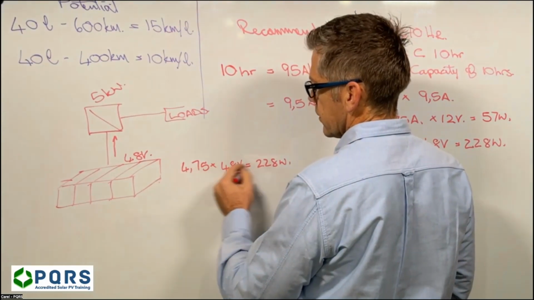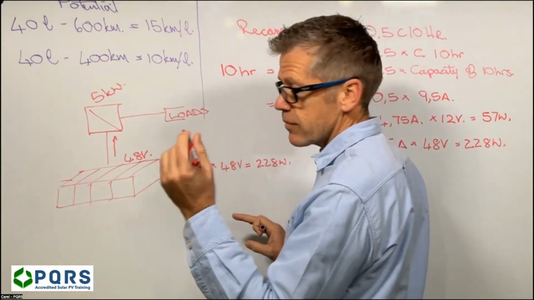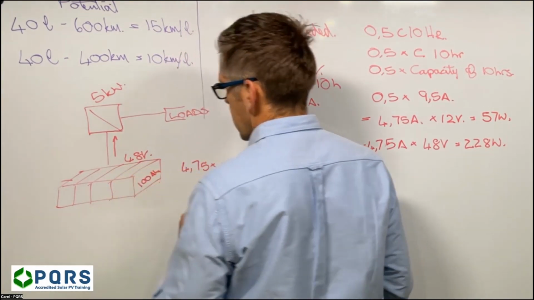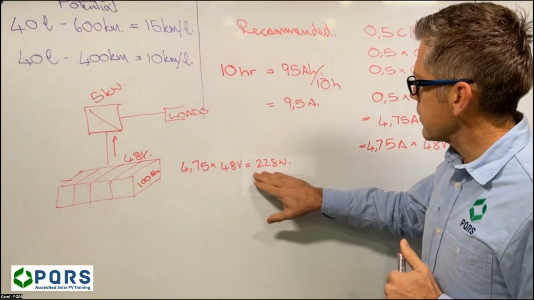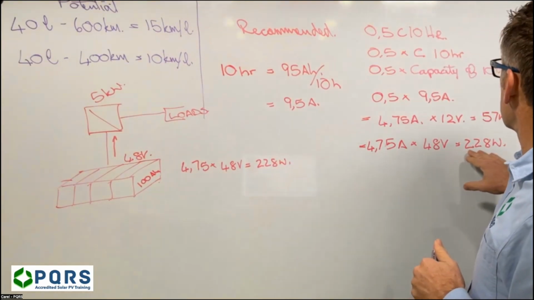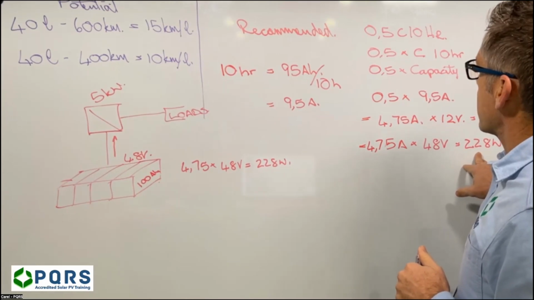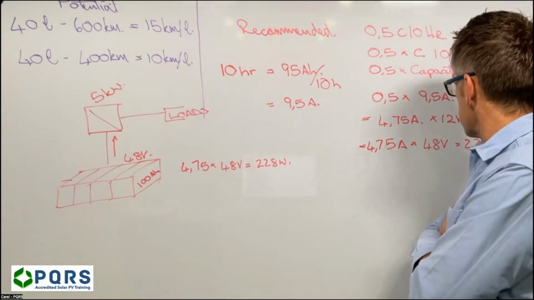So if we needed to discharge at a faster rate, so guys, these are 100 amp hour batteries. If we discharge it at a rate of 228 watts, how long will it last?